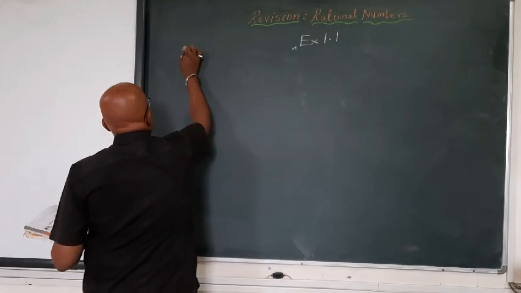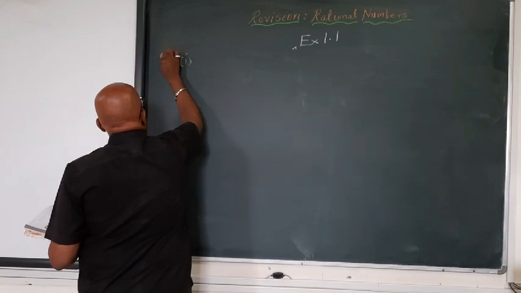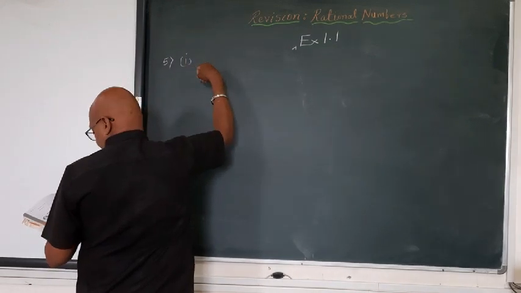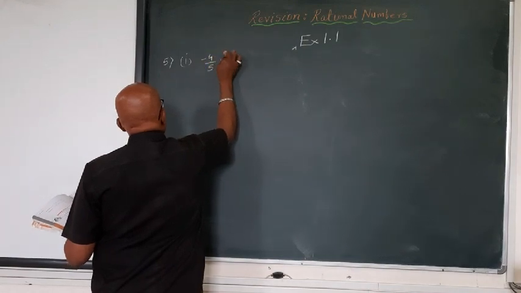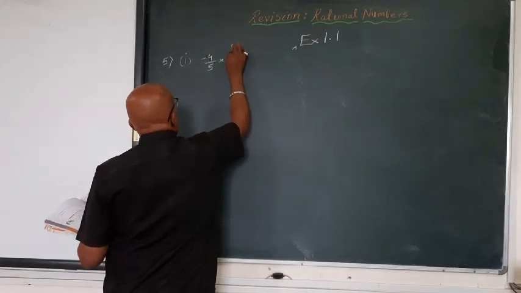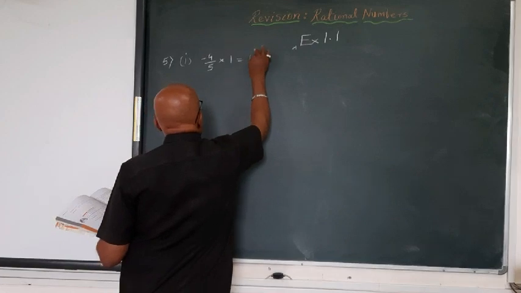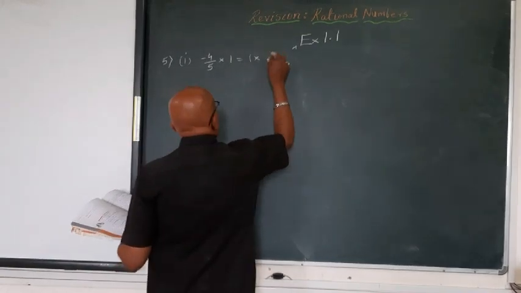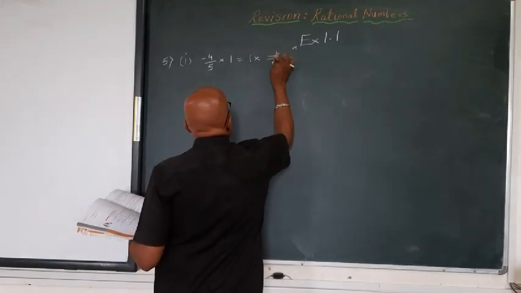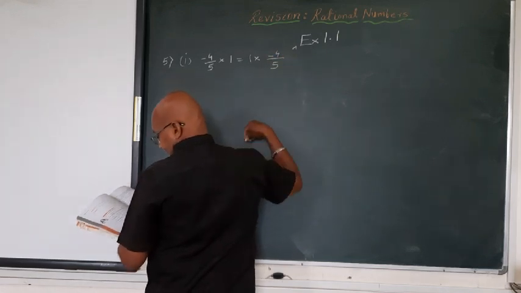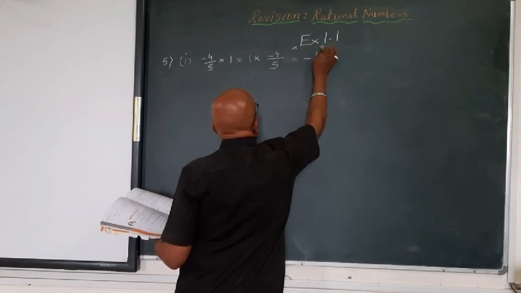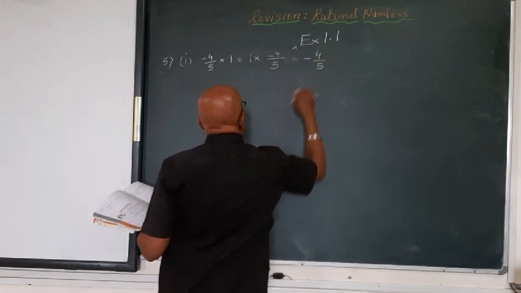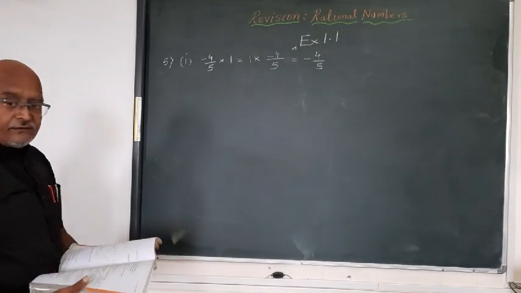So, first one: minus 4 upon 5 multiplied by 1 equal to 1 into minus 4 upon 5, equal to minus 4 upon 5. Now, which property is being utilized?